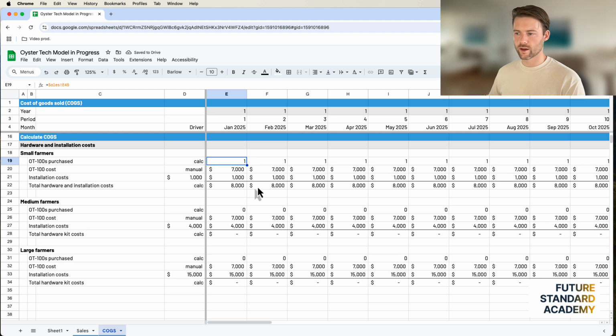Because they needed one in the period, the cost for an OT100 is $7,000. That's going to be arrived at by saying, what are all the materials that we needed to purchase, like the bill of materials for an individual unit of hardware? What does all that sum up to for an individual unit?